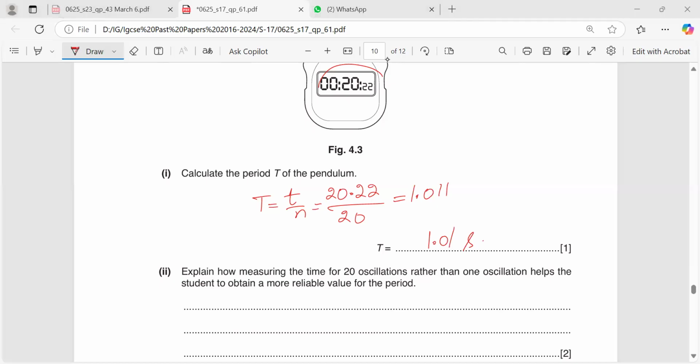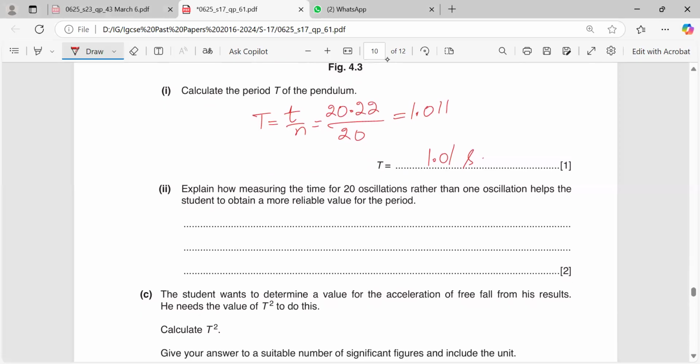Explain how measuring the time for 20 oscillations rather than one oscillation helps the student to obtain more reliable value for the period.